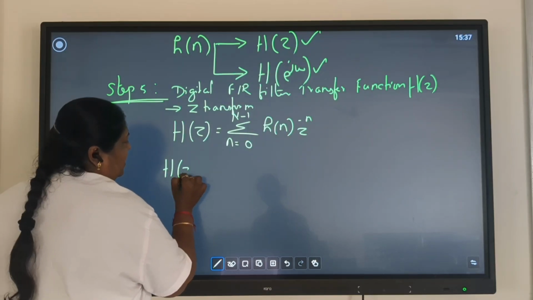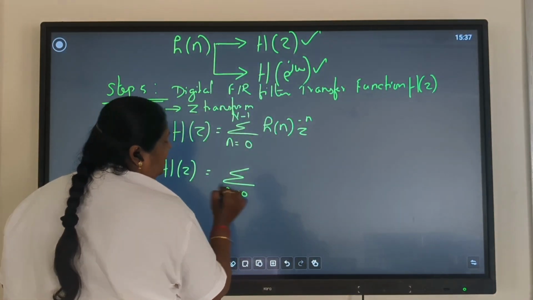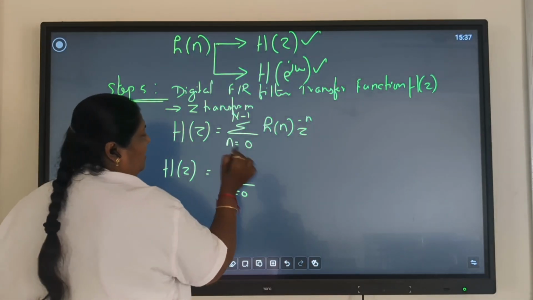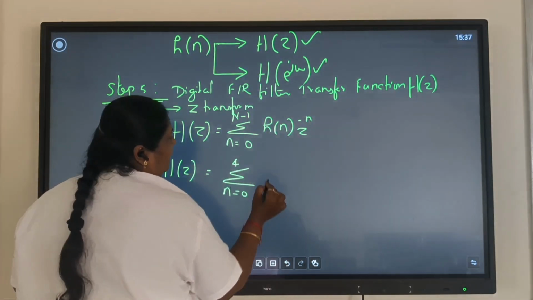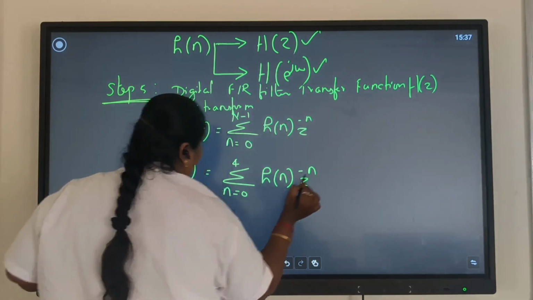So h of z is equal to summation, small n varies from 0 to capital N is 5, so 5 minus 1 is 4, h of n into z power minus n.